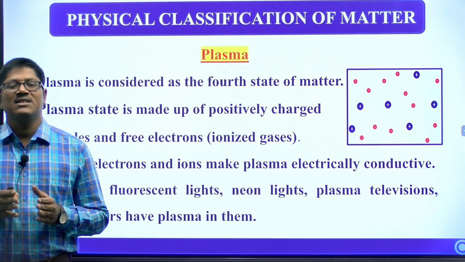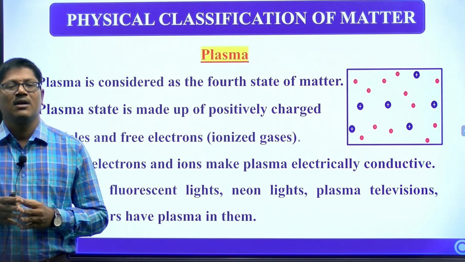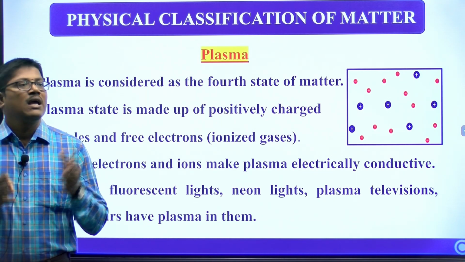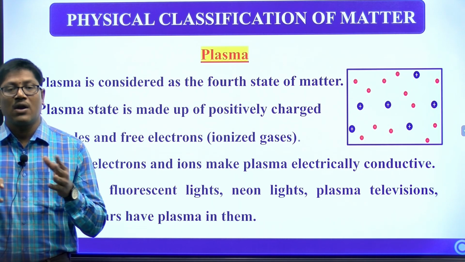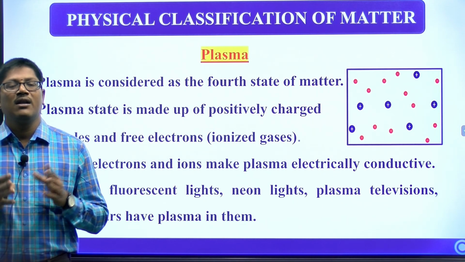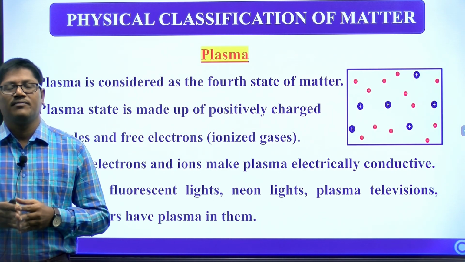Therefore, the plasma state finds varied applications in different fields. Plasma can be found in fluorescent lights, neon lights, plasma televisions, auroras, lightning during heavy rainfall, and in stars and the sun.